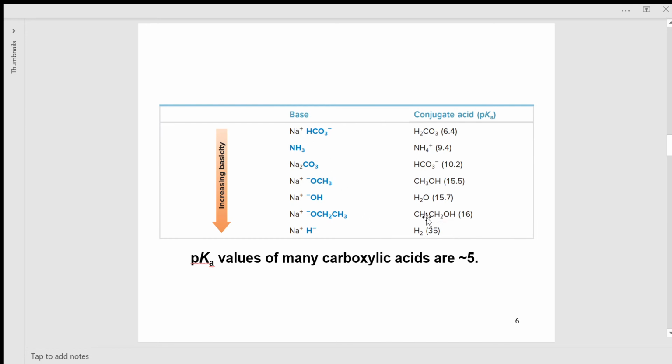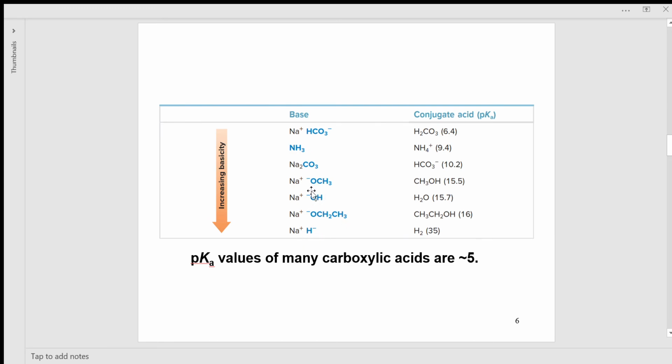If you have a very high pKa value like hydrogen, it is a very weak acid. But its conjugate base is a hydride, hydrogen with 2 electrons. Hydride is a very, very strong base.